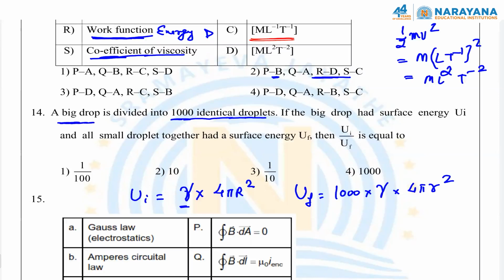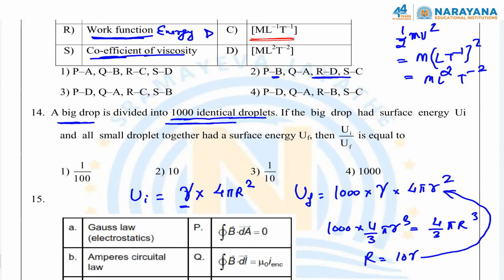So we will conserve the total volume. So 1,000 drops, each of radius small r, are equivalent to a single drop of radius capital R. So if I cancel 4 by 3 pi and take the cube root, I will get R is equal to 10r. So we can plug in this value over here, and then we can divide Ui and Uf.